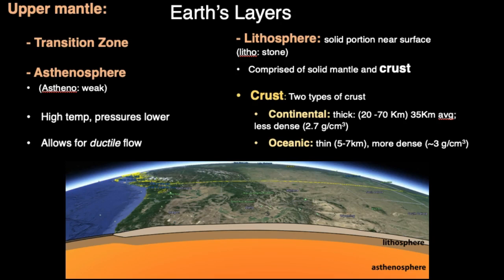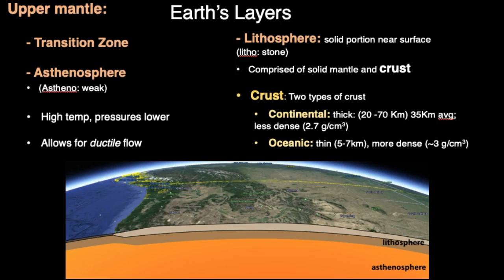So the lithosphere's depth, or thickness, I should say, varies depending on whether it's composed out of continental or oceanic crust towards the top. In areas where it's made out of continental crust it is going to be thicker, and in areas where it's made out of oceanic crust it is going to be thinner. As an average, the lithosphere has a thickness of about 100 kilometers, but it may reach up to 250 kilometers under some of the oldest portions of the continents.